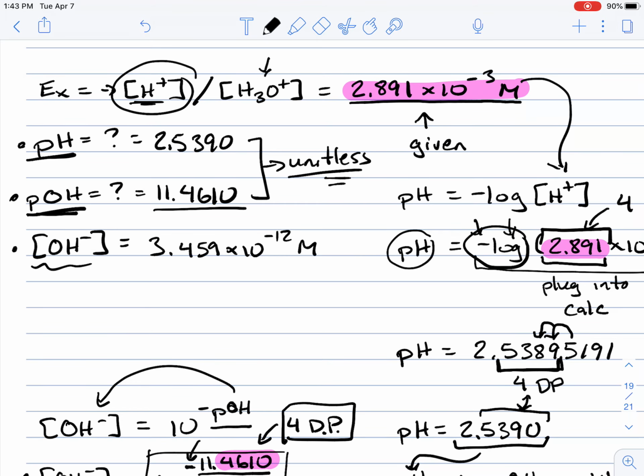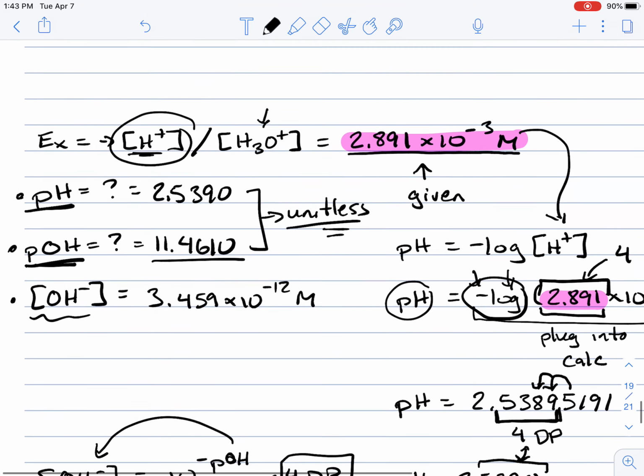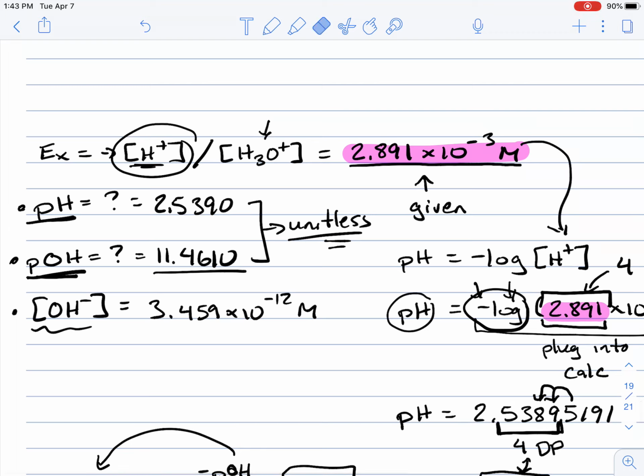Let's go ahead and take a step back and think about the concept with respect to all of these values. What are all of these values telling us? If you compare, I'm going to do this in yellow, the concentration of hydrogen ion and the concentration of hydroxide ion, which value is larger? I'm going to erase this, and I'm going to highlight this in yellow. So I'm going to look at this concentration, I'm going to look at this concentration.